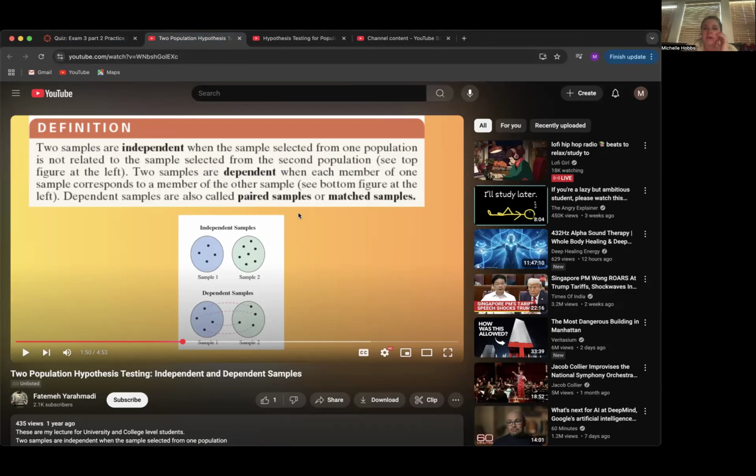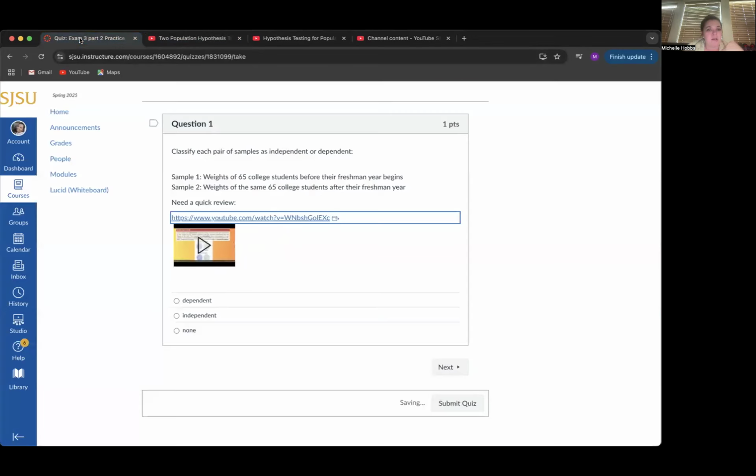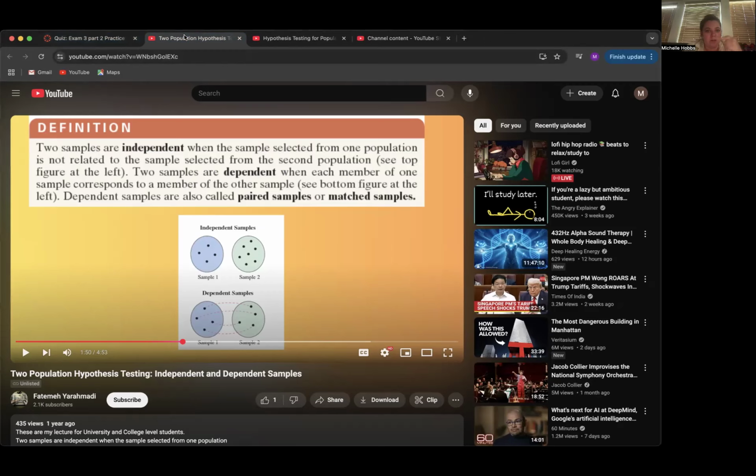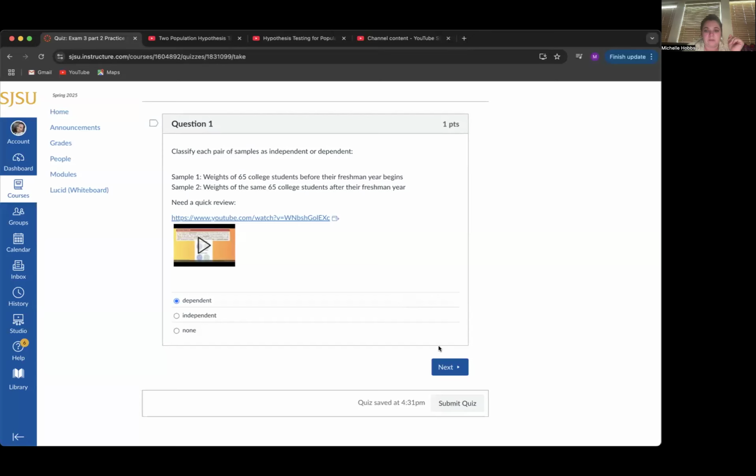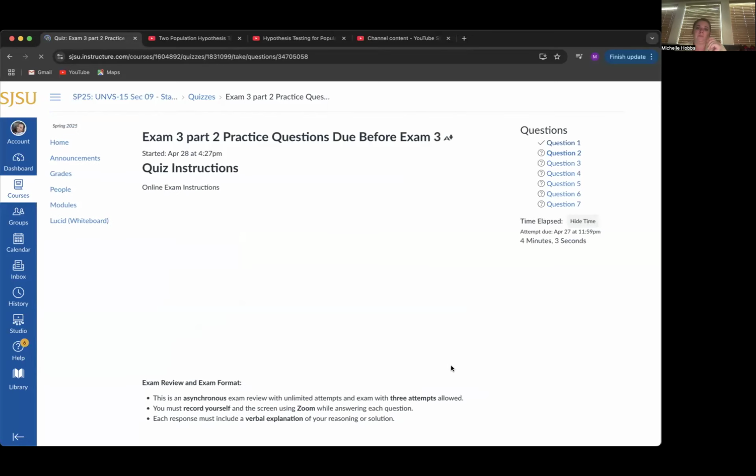That is our hint there. They're dependent when each member corresponds to a member of the other sample. So they are going to be dependent because they are the same samples. Dependent, yes. Next.